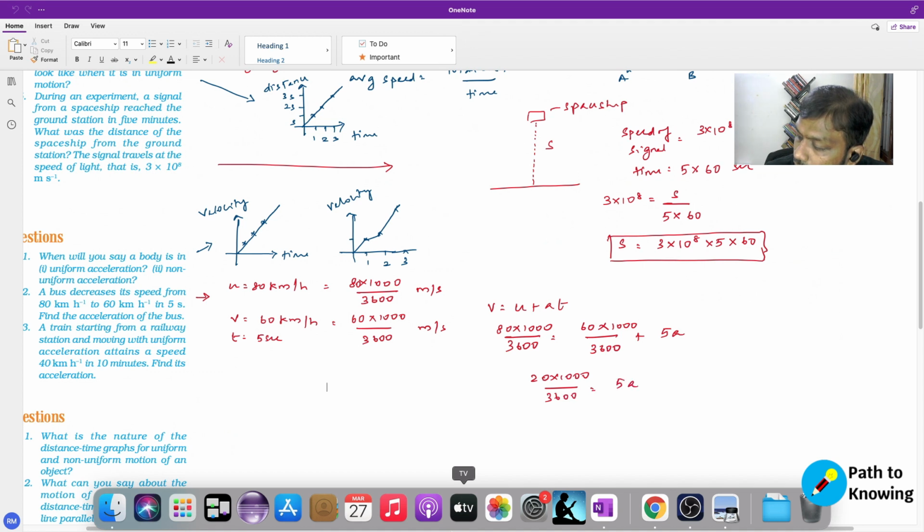So if I take these off, it is going to be 200 over 36 into 5, which is equal to a, and this is going to be 40 over 36. 40 over 36 is 10 over 9, right? So 10 over 9 meters per second squared is the actual acceleration.